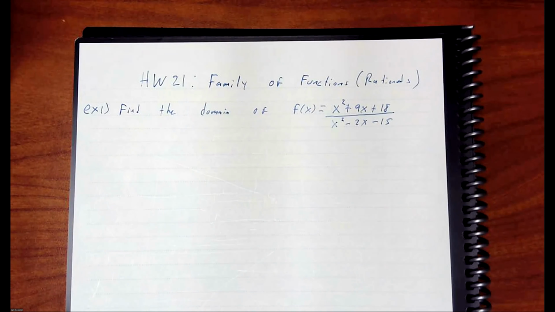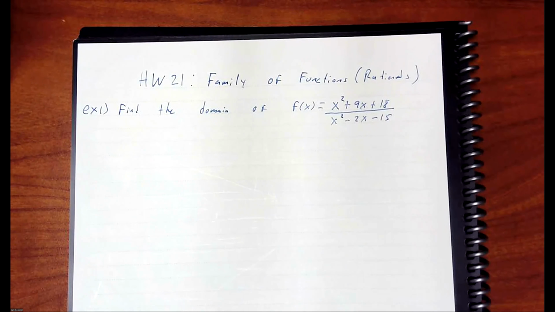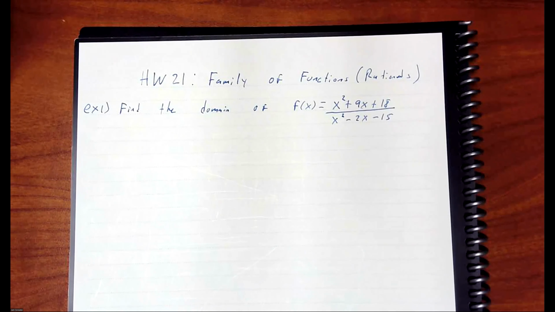Okay, so for any function, when you're looking for the domain, you want to ask yourself, what are the values that you're not able to use? You're kind of looking at it backwards. So what's not okay? And then work around that. When you see a rational function, the thing you should be thinking about is that division by 0 is not okay.